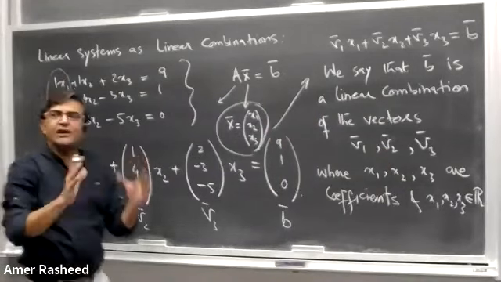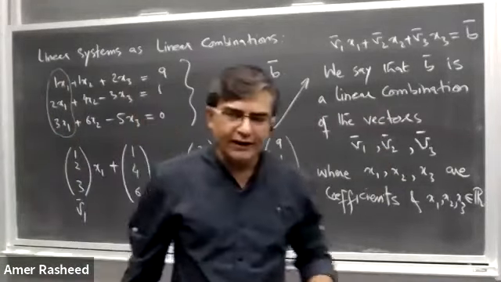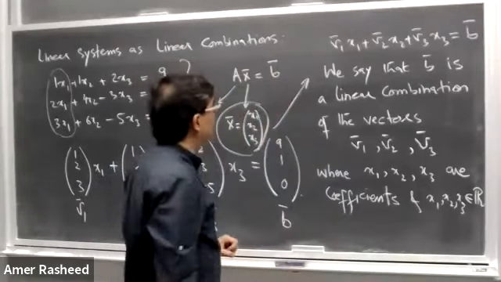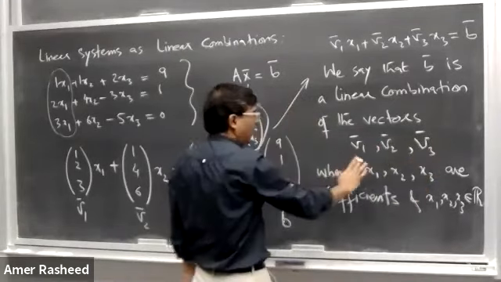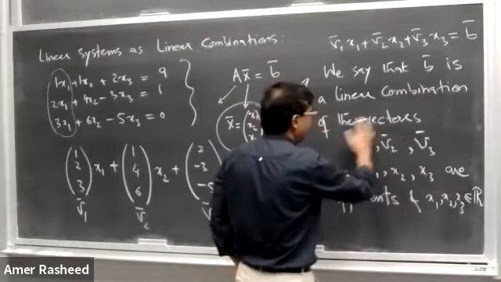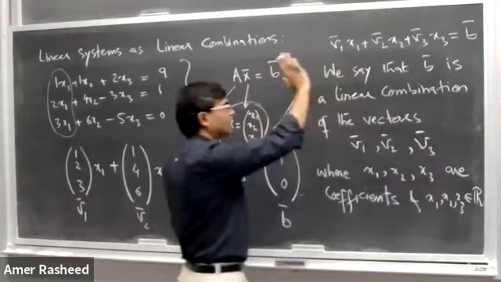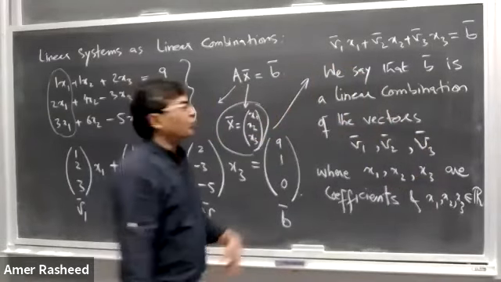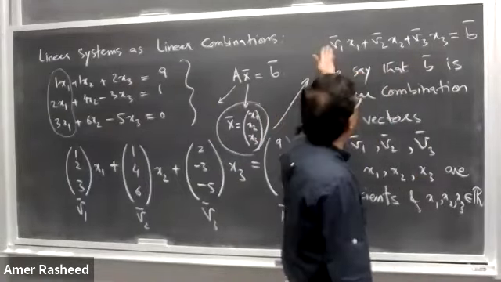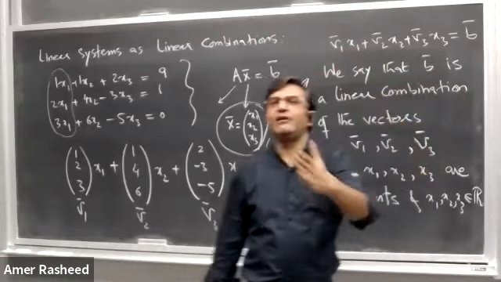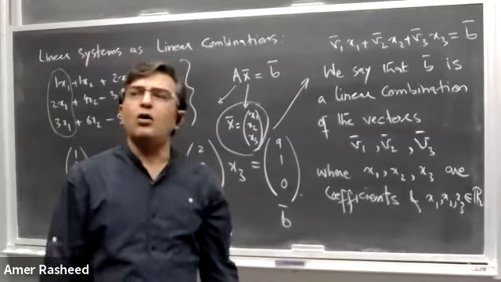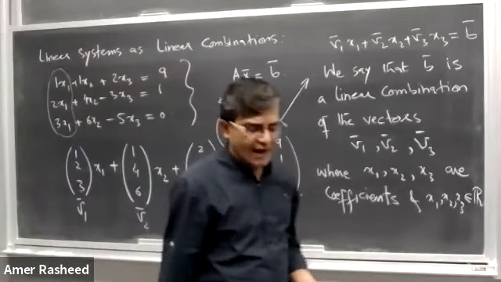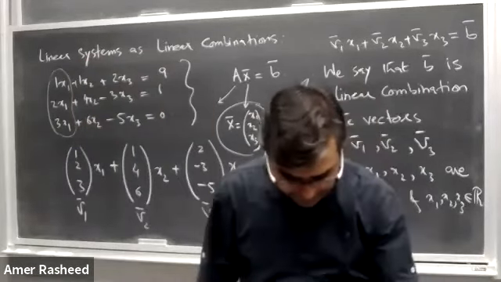So you have to differentiate between these two things. Don't mix up x1, x2, x3 with the X. Now x1, x2, x3 are real numbers, and v1, v2, v3 are the vectors. Now we say that B is a linear combination of the vectors v1, v2, v3. This is how we can write linear systems as a linear combination of vectors.